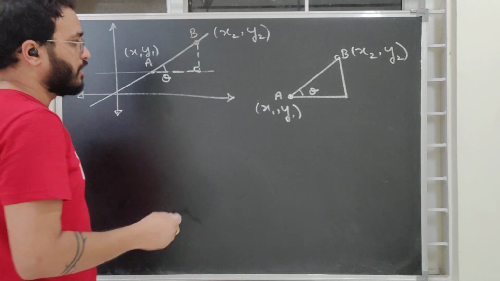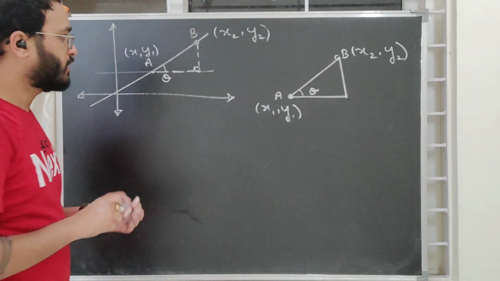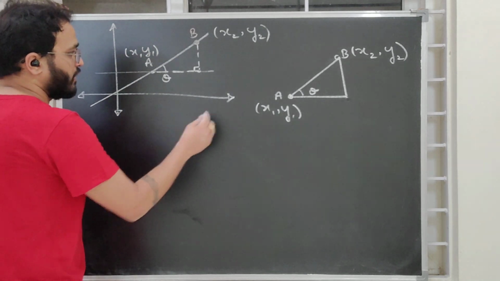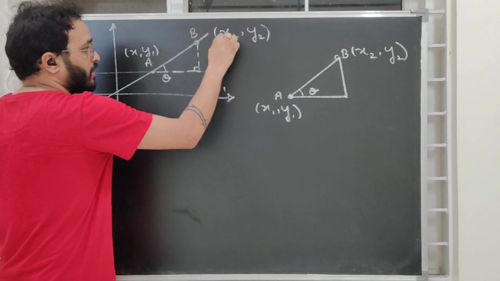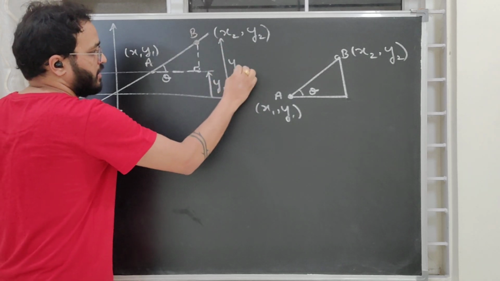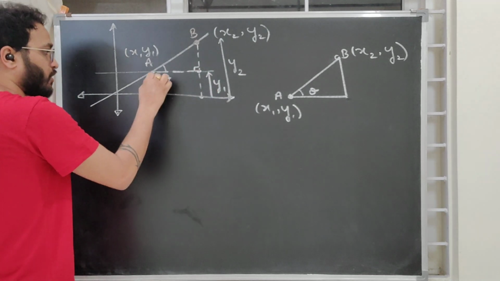Now, what I need is, I need this height and this base so that I can find the slope, right? Now you tell me, what is this height? You will say, sir, this is y1. And what is this height? You will say, sir, height is y2.